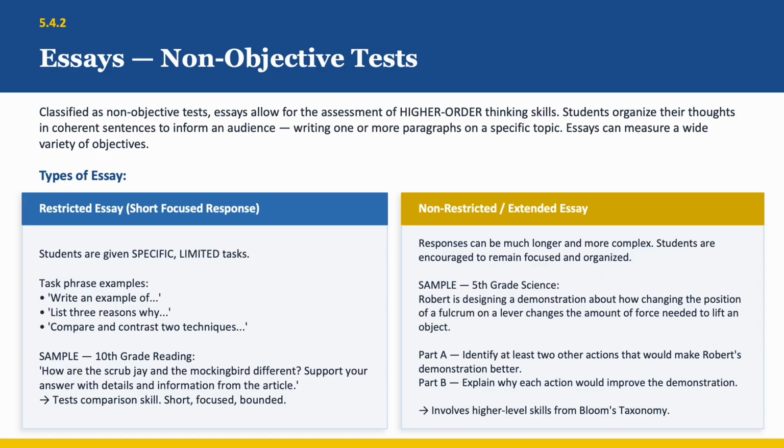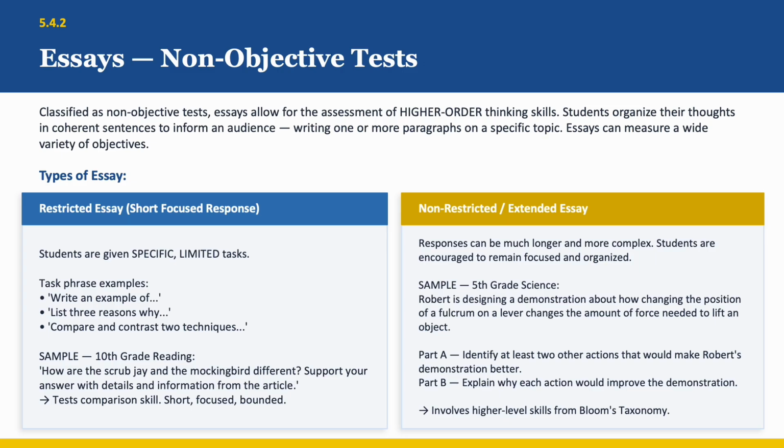In the non-restricted or extended essay, students have more freedom to organize and develop their response. It can be much longer and more complex. The sample for 5th grade science asks students to evaluate a demonstration design and explain improvements.